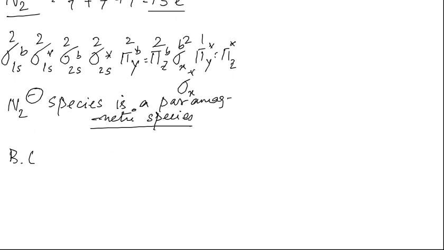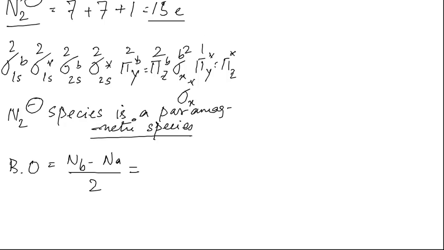It is Nb minus Na divided by 2. The number of electrons in the bonding orbital is 2, 2, 4, 5, 6, 7, 8, 9, 10, and in the antibonding there is 2, 2, 4 and 5. So the bond order is 10 minus 5 divided by 2, which is 5 by 2, which is 2.5.